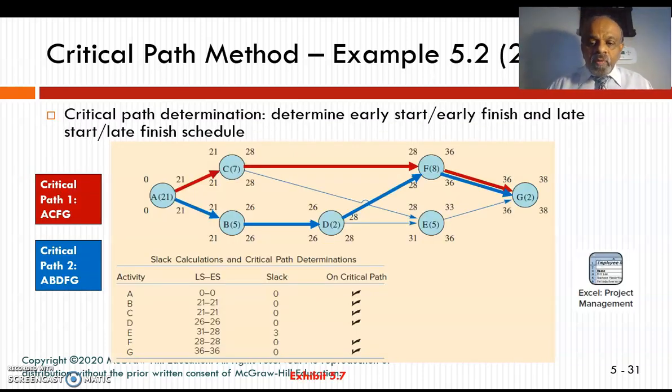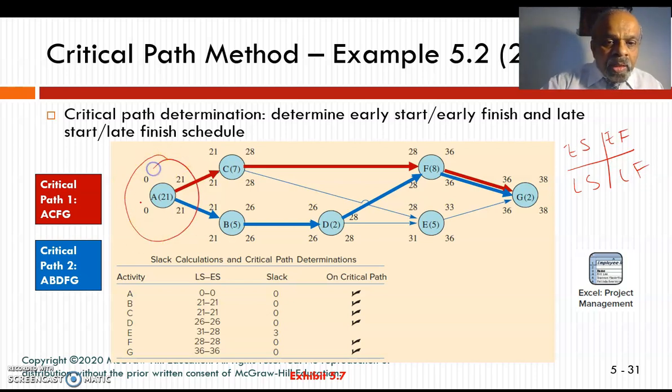Now I'm going to find the critical path. How do I find the critical path? I'm going to find for each task the early start, early finish, the late start, late finish. And then I'm going to take the early start and the early finishes and confirm that it is going to take 38 days to complete this project.